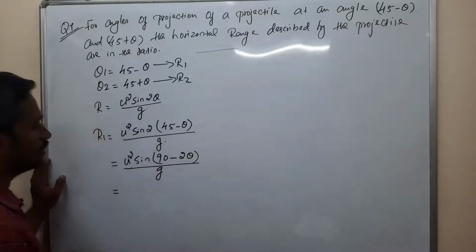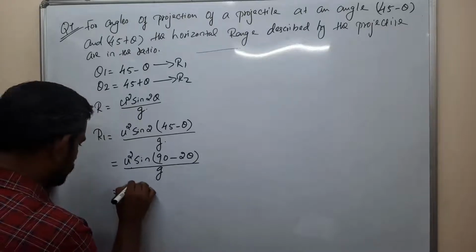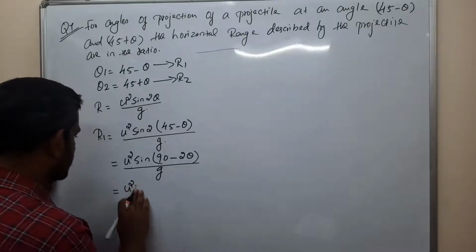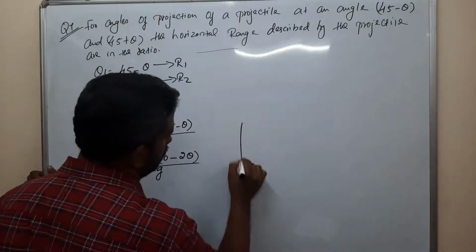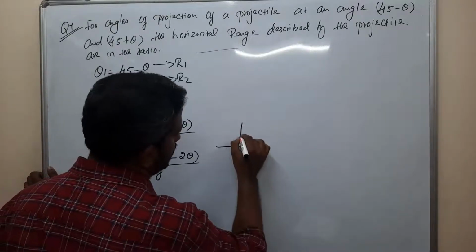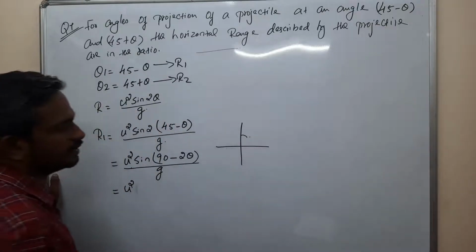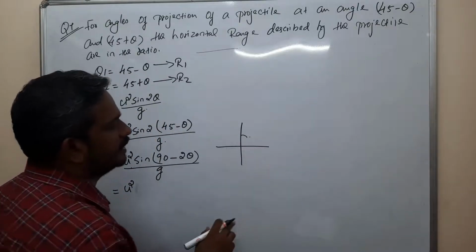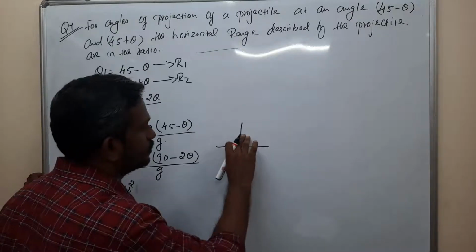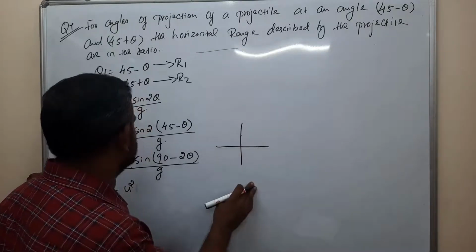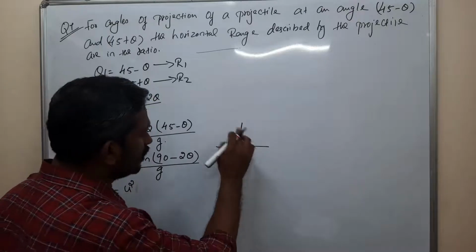So that's equal to u square sin(90 minus 2 theta). Sin 90 minus theta means in this quadrant, the transformation happens, that is, sin will change to cos. In this quadrant all are positive, so it is positive.